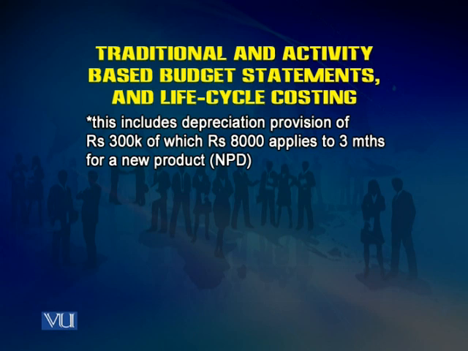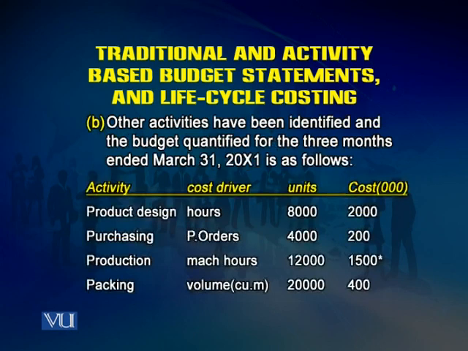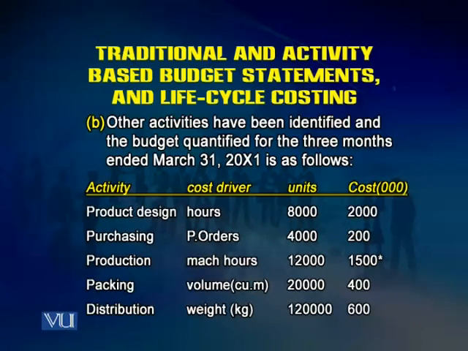So there is a new product, we are going to call it NPD, and the depreciation related to NPD for 3 months is 8,000. Packing, the cost driver is volume, and units are 20,000 cubic meters, and the cost is 400,000. Distribution, cost driver is weight in kilograms, and the units are 120,000 kilograms, cost will be 600,000.